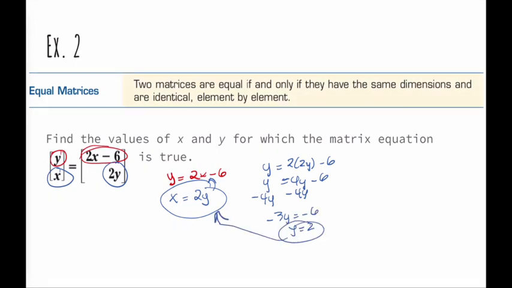Plug that back in there. X equals 4. So 2 and 4 equals 2 times 4 minus 6 and 2 times 2. These matrices are equal because the elements are the same.